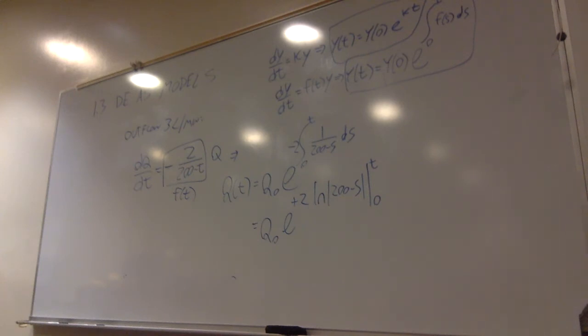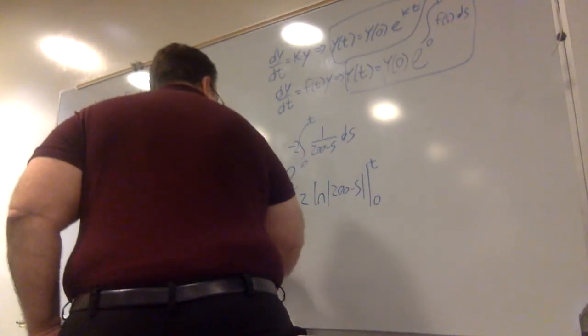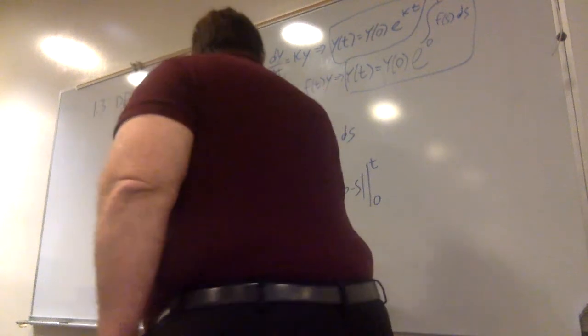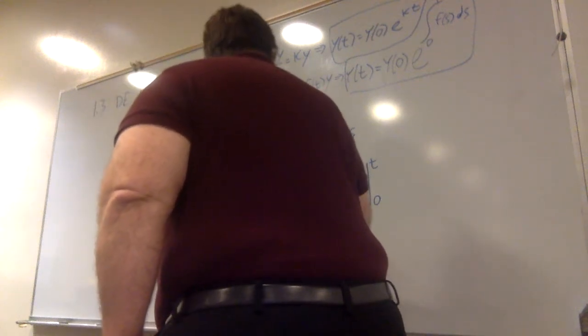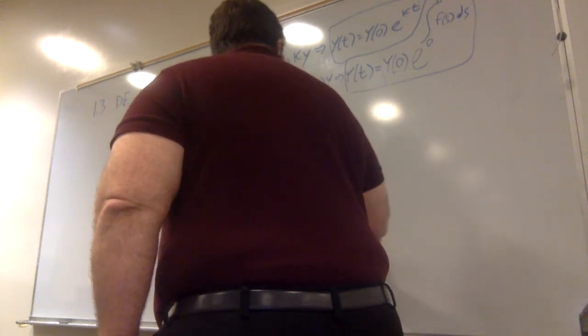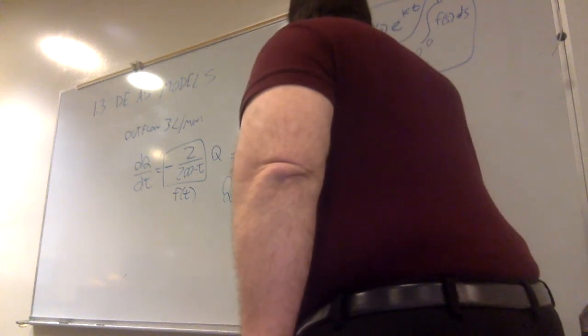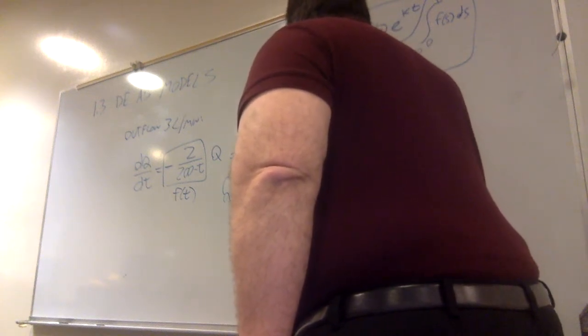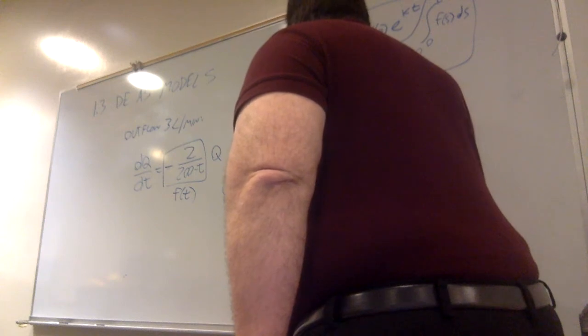Okay, so now we can go ahead and substitute in those limits, 0 and t, for s. So Q naught e to the 2 natural log of 200 minus t minus e to the 2 natural log, I don't need the absolute value in this case, of 200.